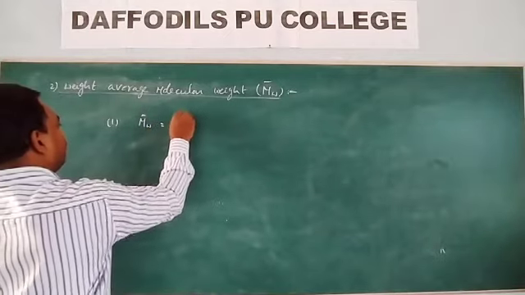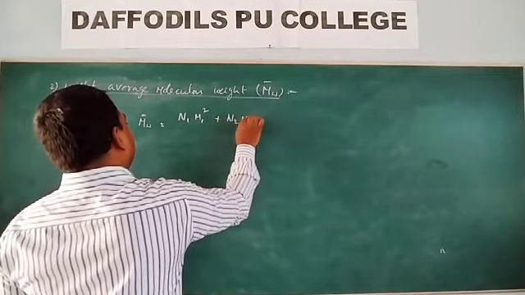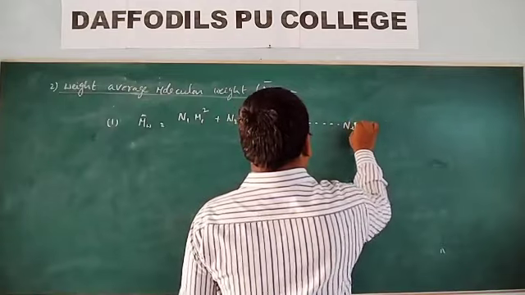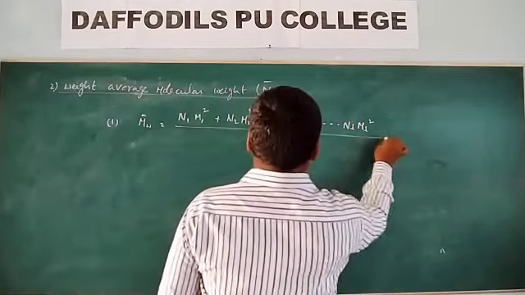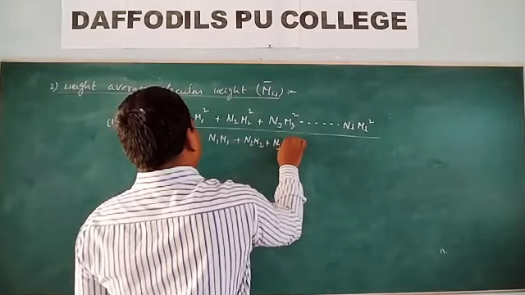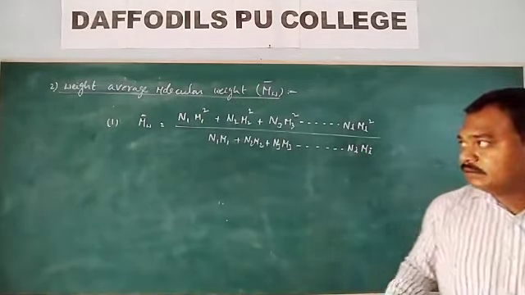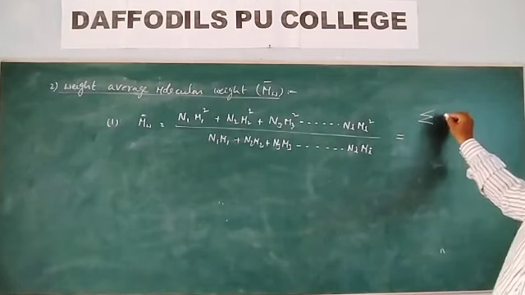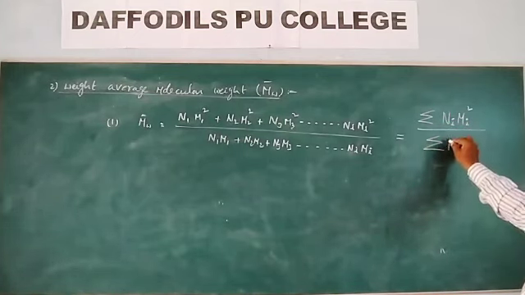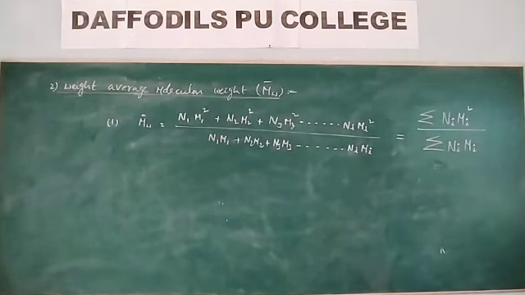Mw bar is equal to N1 M1 square plus N2 M2 square plus N3 M3 square, and so on, Ni Mi square, divided by N1 M1 plus N2 M2 plus N3 M3, and so on, Ni Mi. So this is the weight average molecular weight.